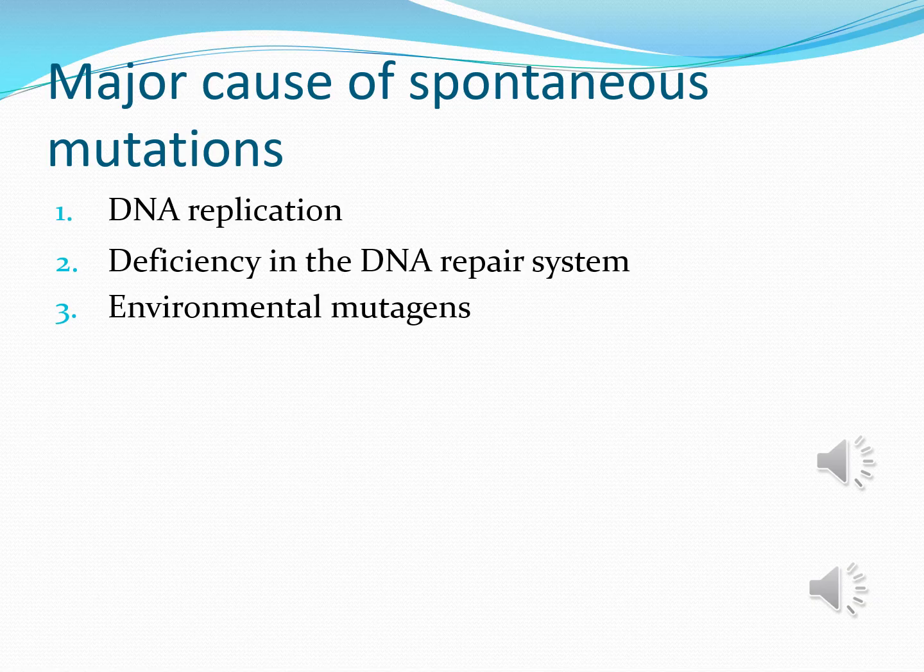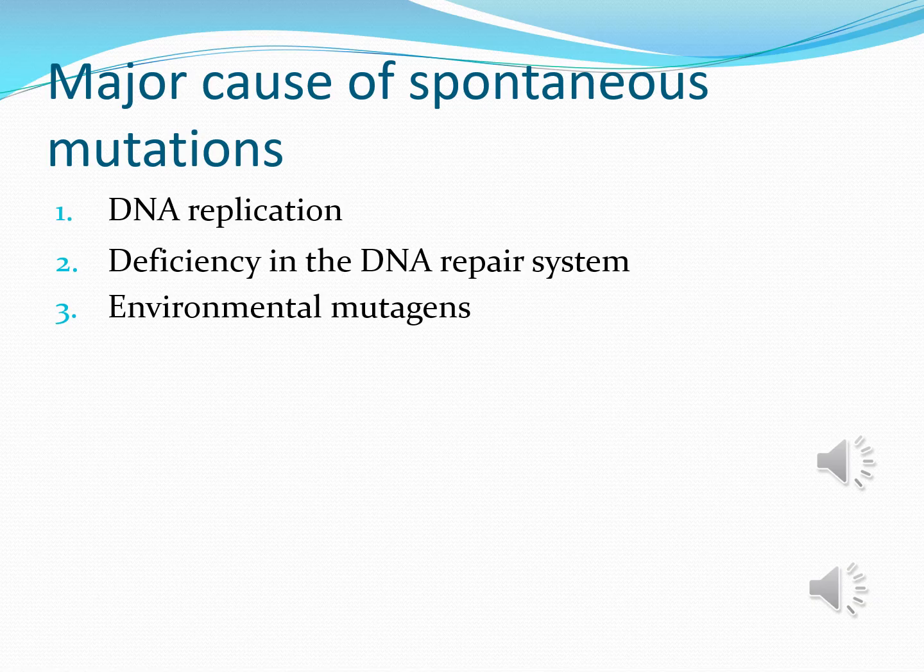Environmental mutagens are external agents that induce mutations. They include ionizing and non-ionizing radiation, chemical mutagens such as alkylating agents and base analogs, certain viruses that integrate into the genome, and transposons, mobile genetic elements that can jump to new locations.